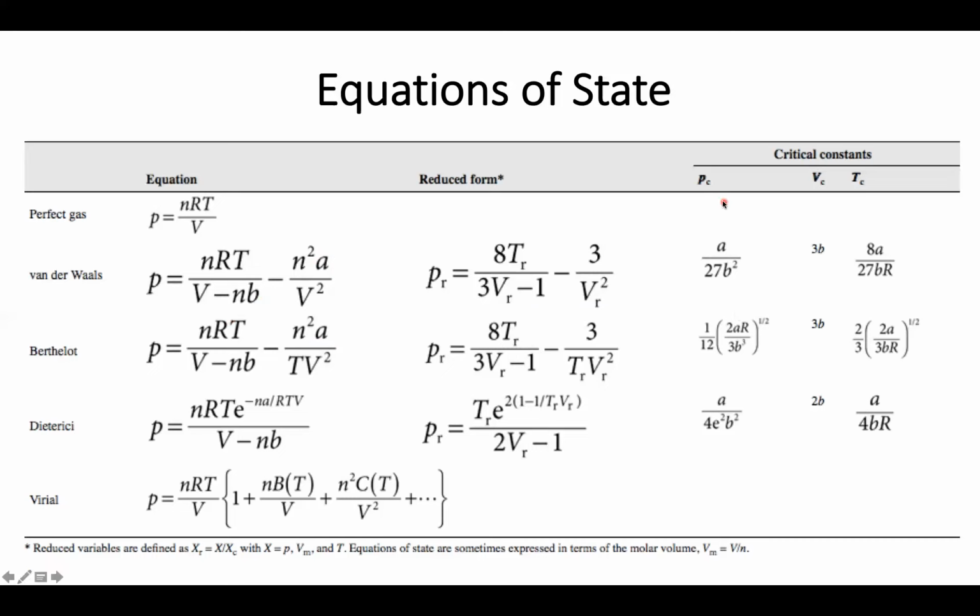So, for example, we find that the critical pressure is going to be related to the strength of the IMFs and the size of a gas, which again makes sense. However, the critical volume has no dependence upon the strength of the IMFs and just depends on the size of the gas. However, for the critical temperature, again, we see a dependence upon both strength of IMFs and size.